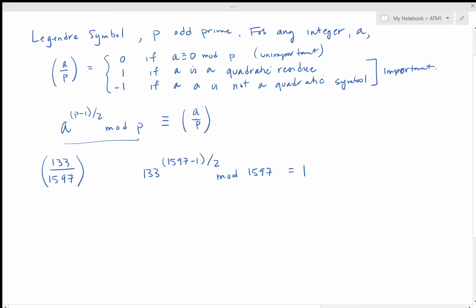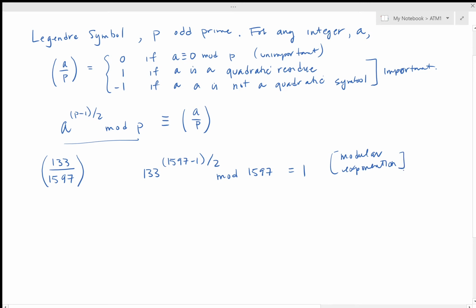That tells you the Legendre symbol is 1, and it also tells you that 133 is a quadratic residue mod 1597. This is the modular exponentiation. We are going to try to avoid doing this and see if we can develop an even faster way.